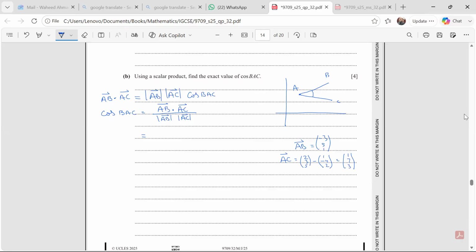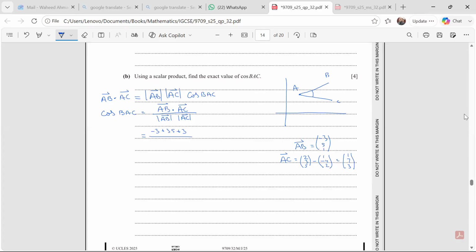Now we are ready to find the dot product of AB and AC. The dot product multiplies corresponding components: minus 3 times 1 is minus 3, then 5 times 7 is 35, and 1 times 3 is 3.